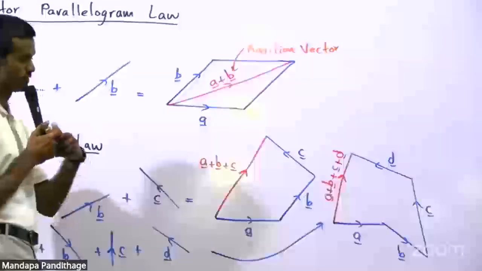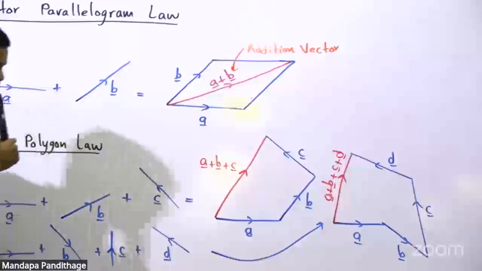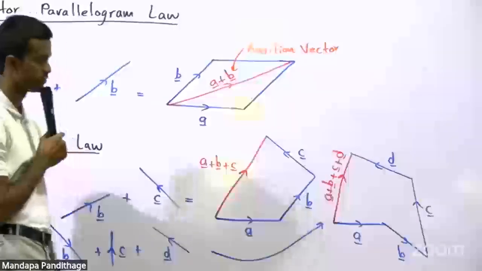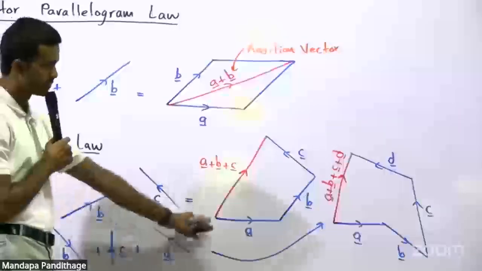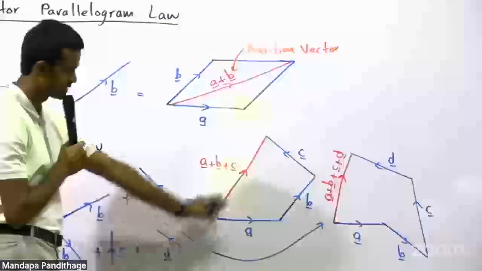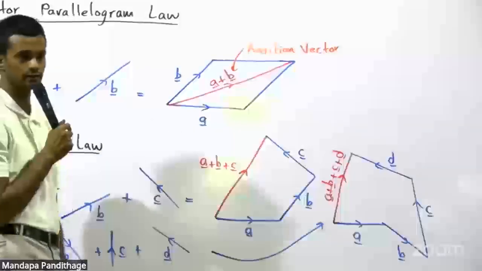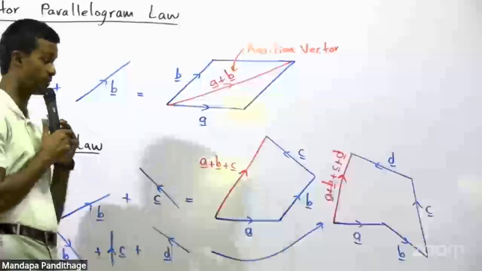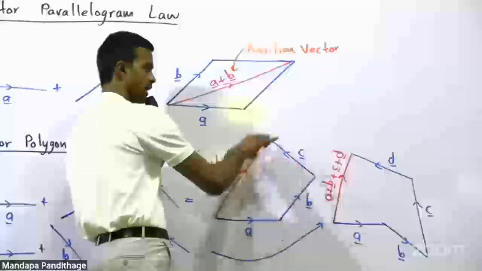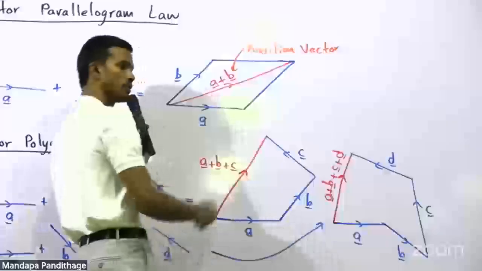Okay, so how can we write it as a law, because this is the vector polygon law? If the sides of a polygon are denoted by vectors, the remaining side of the polygon denotes the addition of all these vectors. But there should be one condition. Make sure that the arrows go in the same direction. Here you can see the arrows go the same way, because if there is a direction change, the story changes.